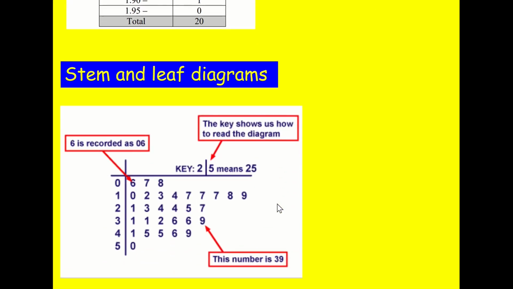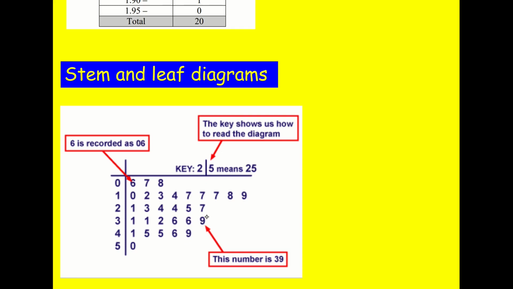And this is an example of a stem and leaf diagram. When you first look at it, it might be a bit confusing. Why are there all these 0s, 1s, 2s, 3s, 4s, 5s, and then all these numbers here? But the key explains it. Essentially, if you have 2 and then a line and then a 5, it means 25.